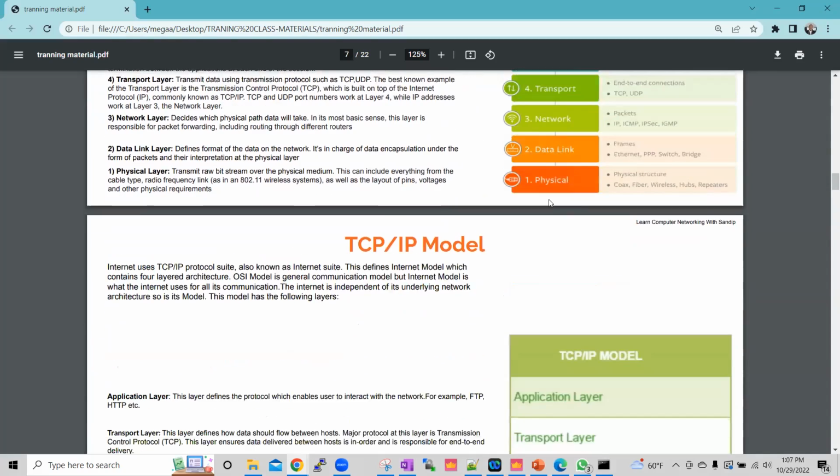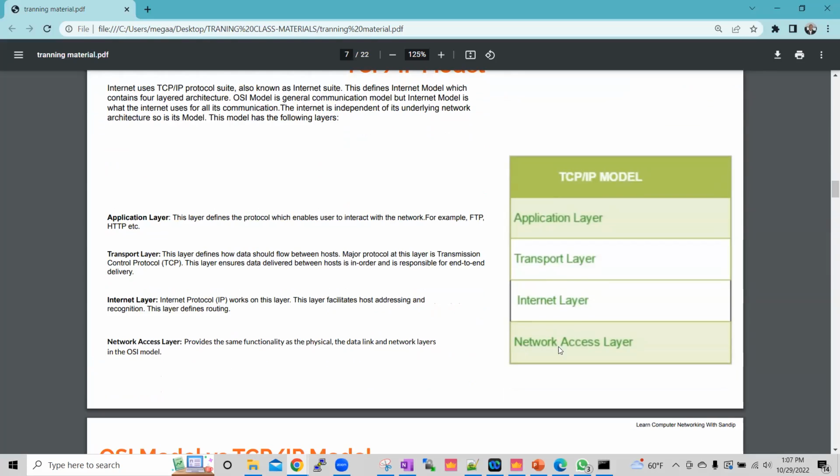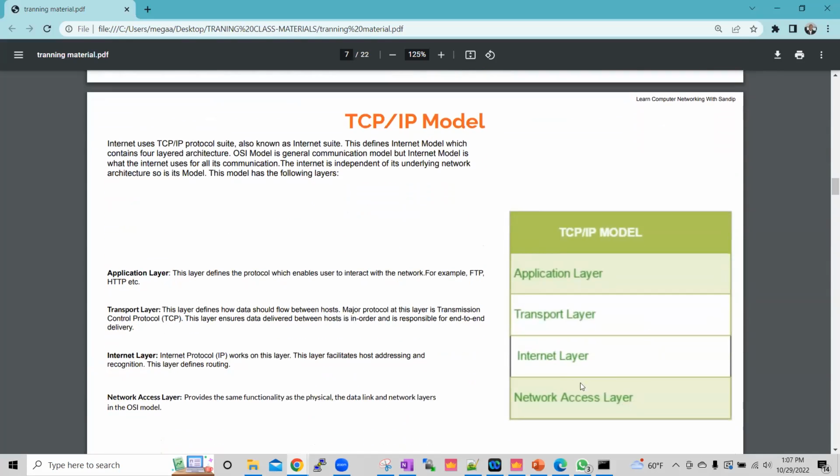So know this one. TCP/IP, to me, is the same thing, because when you mention the network access layer, this is the physical layer, which comprises layer 1 and layer 2. And the internet layer has layer 3, which is made up of packets.